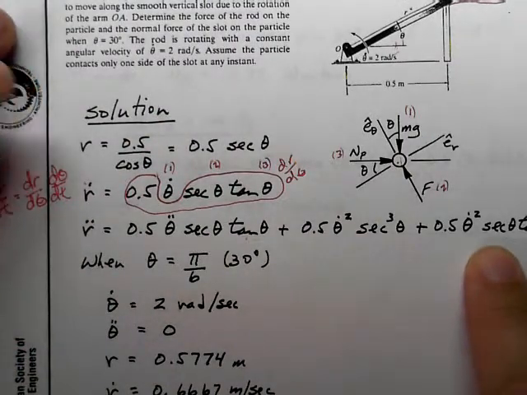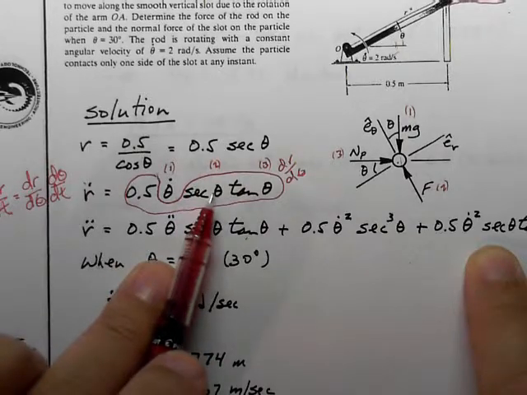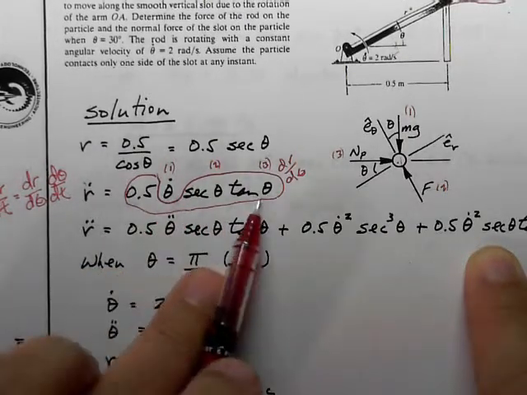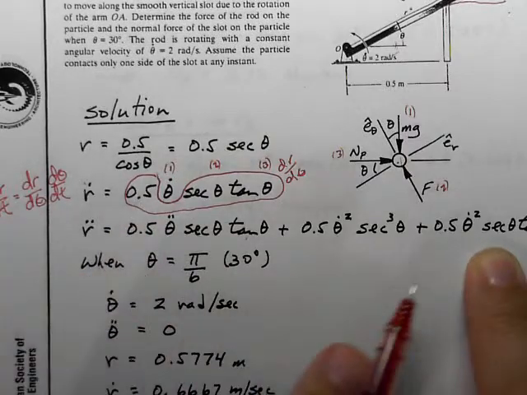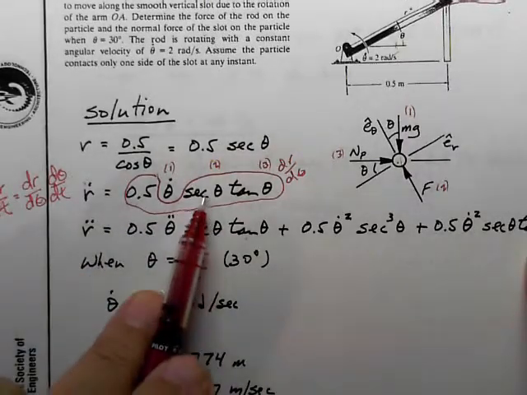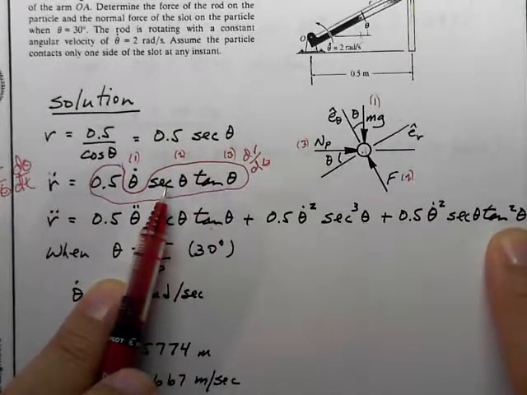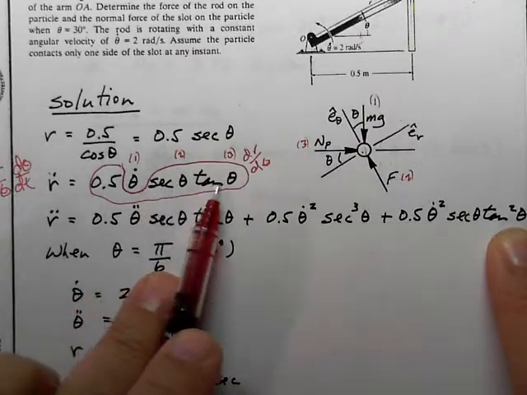And then finally this piece will come from taking the derivative with respect to this of the secant while holding the 0.5 theta dot tangent. So we'll have a 0.5 theta dot. There's one tangent in there. The derivative of the secant is the secant tangent. So we're going to have a secant tangent tangent.